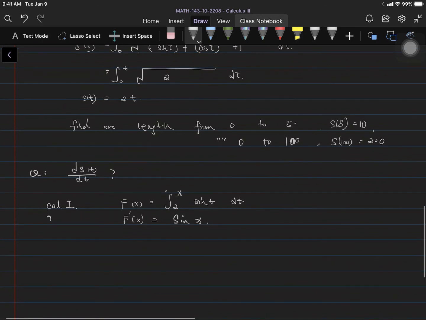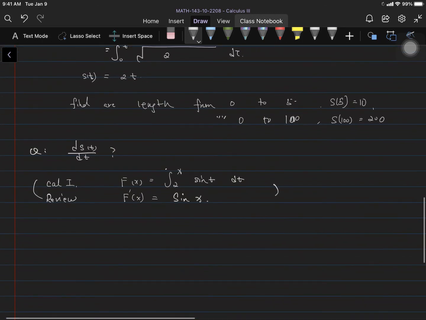Now, this is a review of Calc 1. Now let's take a look at what our s(t) is, the integral from 0 to t. Here I'm going to write down the easy case: the length of r prime of tau, d tau. This is like in calculus 1, where tau is like a t, right? So what is s prime of t?